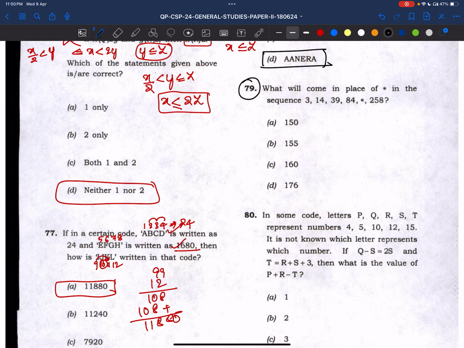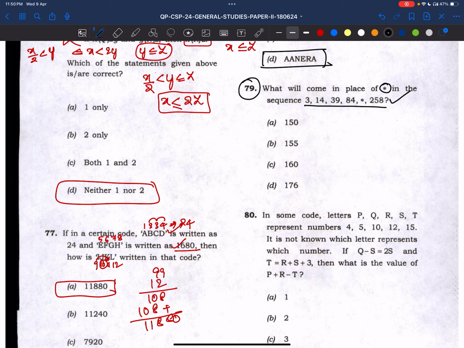See here friends, 79th question. He is asking the missing number in the sequence. I sincerely suggest friends, when such type of questions are asked, please do this question in the end. Why? Because sometimes we cannot get the logic within seconds.